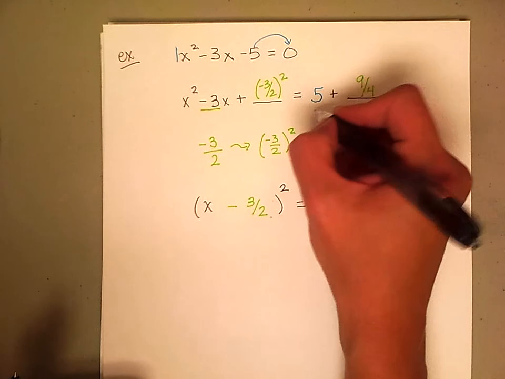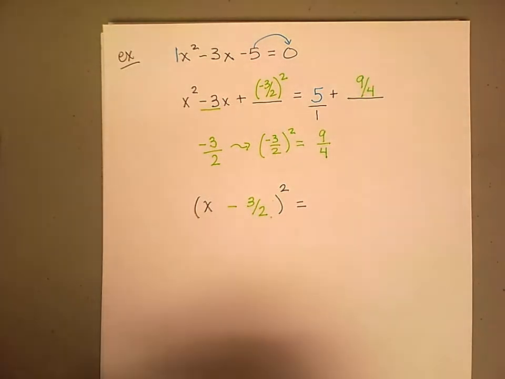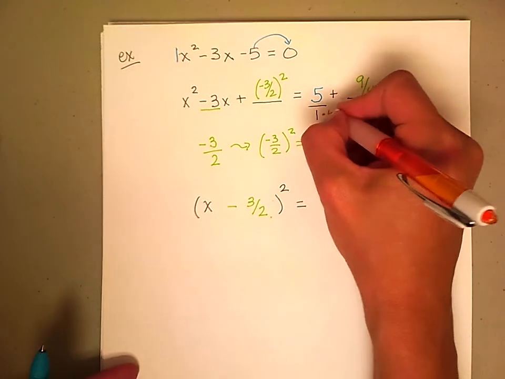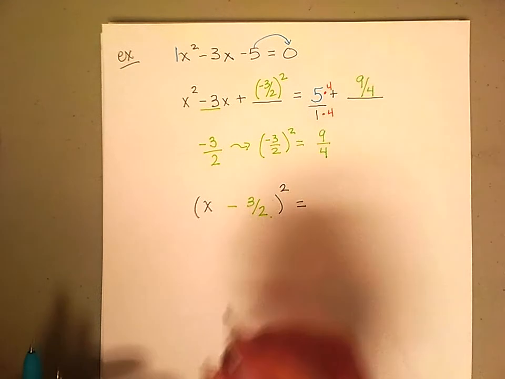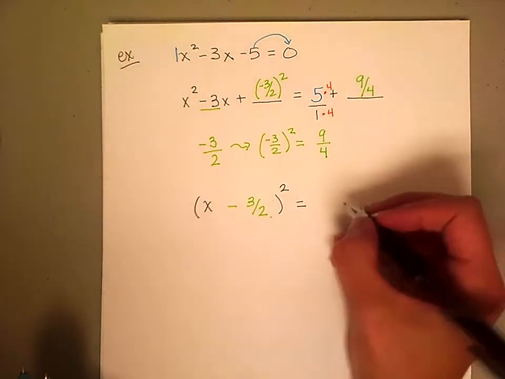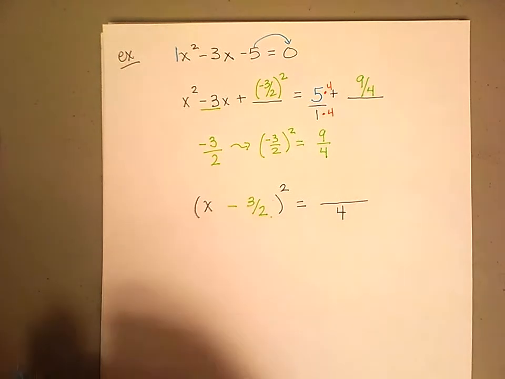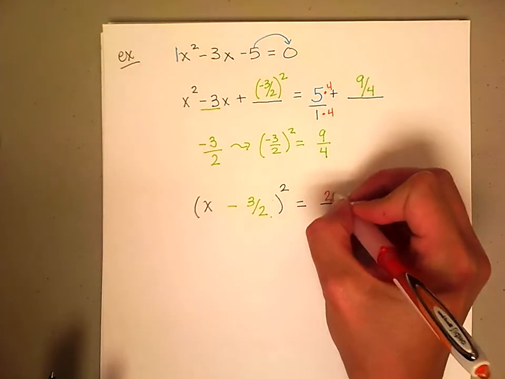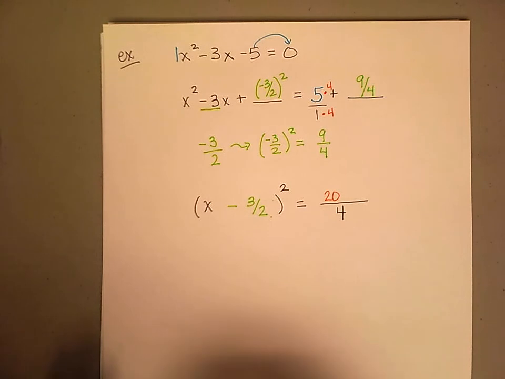Now I need to add these together, and this is like 5 over 1. So let's get a common denominator while we're at it. Okay. So this is over 4. In the first part I have 20, and then I'll add the 9.